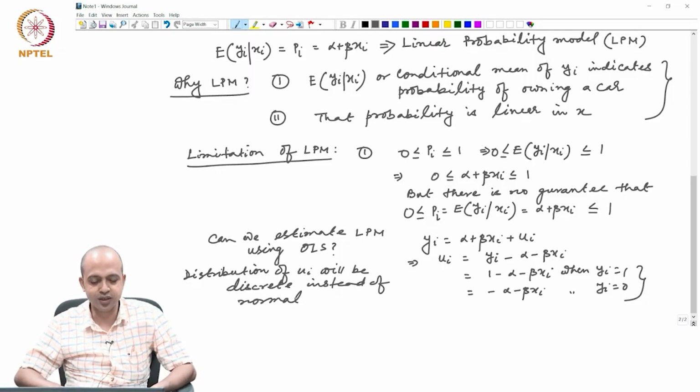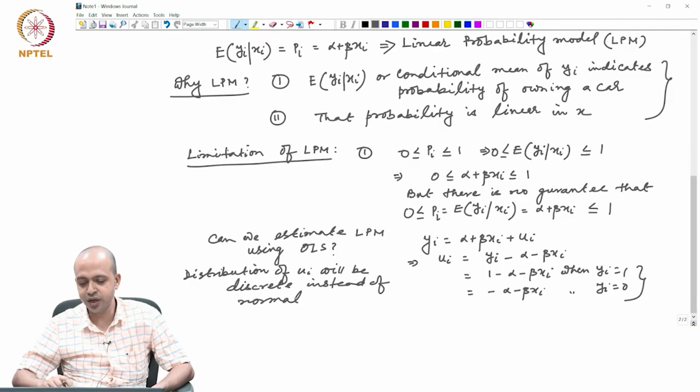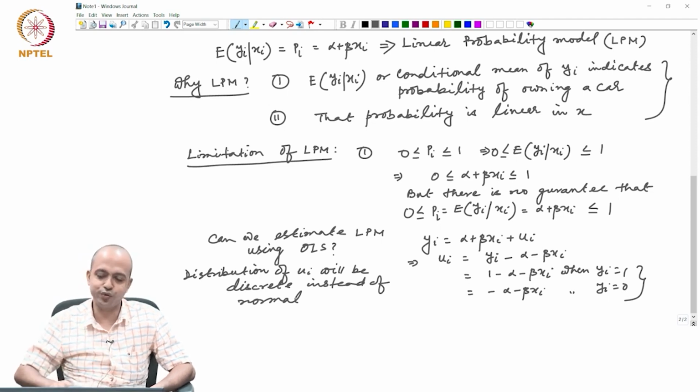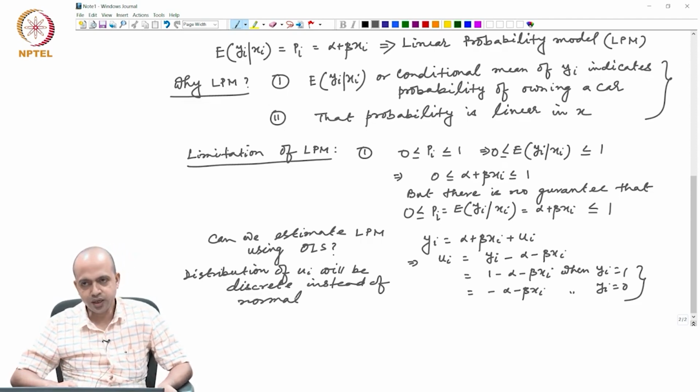Then secondly, we cannot estimate this model using OLS method, because ui takes only 2 values depending on what y takes. When y equals to 1, ui equals to 1 minus alpha minus beta xi, and equals to minus alpha minus beta xi when yi equals to 0. So, ui follows a discrete distribution.